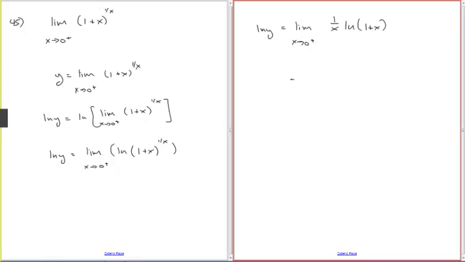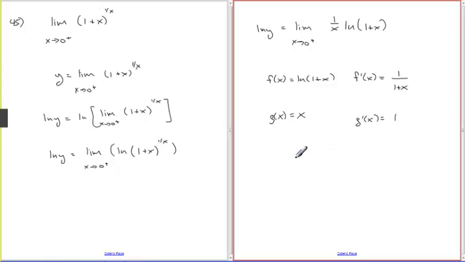So what we would do is define the numerator f as the natural log of 1 plus x, and the denominator g is just x. So f prime of x is just 1 over 1 plus x, and g prime of x is just 1.